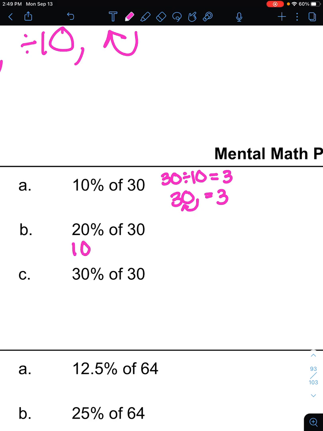So if you take whatever you got for 10% and then multiply it by 2, that'll give you 20%. So 3 times 2 is 6. 30% works the same way. You could do 10% times 3, or you could take your answer for 10% plus your answer from 20%, and that'll give you 30% as well. So either way, you'll get the answer of 9. So 3, 6, and 9.